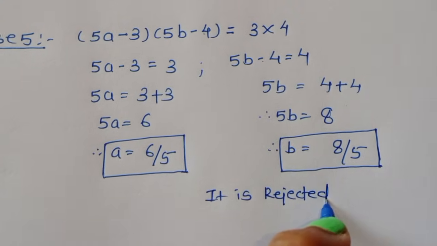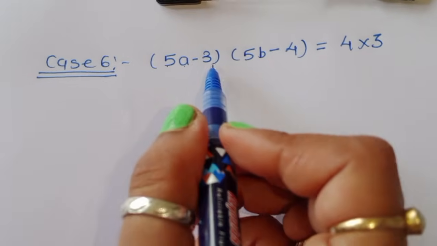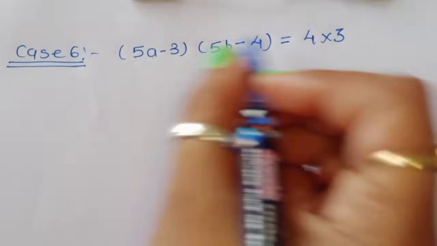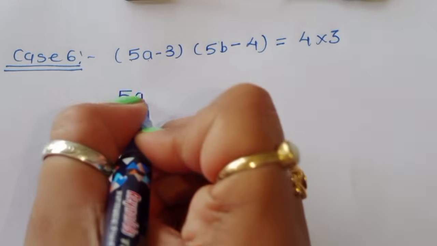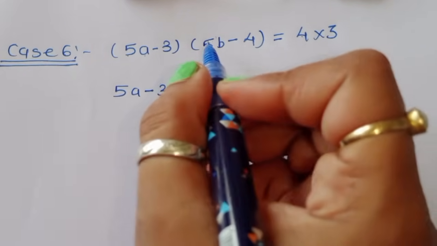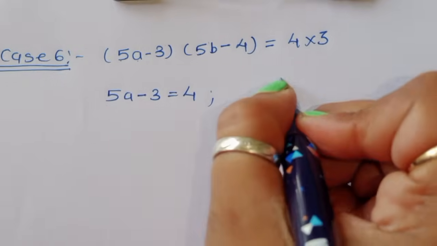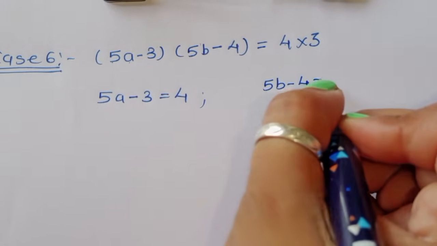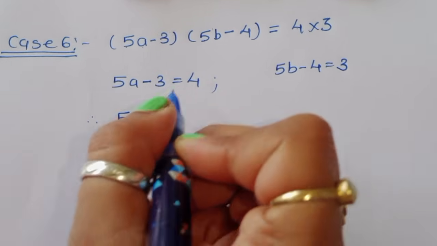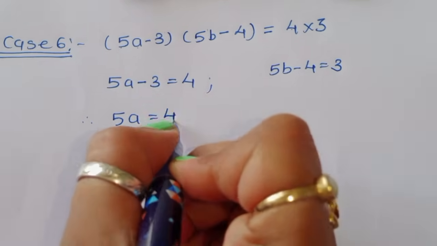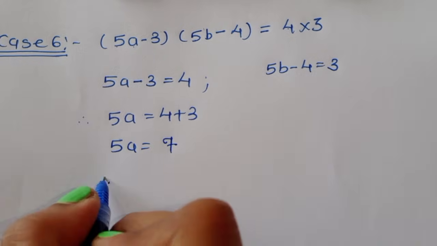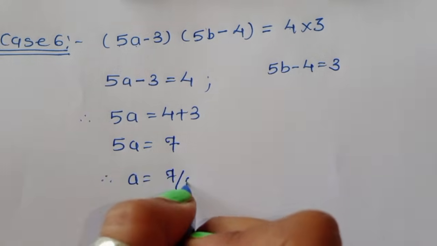Now we are taking case 6. From case 6, (5a minus 3) times (5b minus 4) equal to 4 times 3. 4 3s are 12. So again we are comparing LHS and RHS. We will get 5a minus 3 is equal to 4 as the first equation. Next one is 5b minus 4 equal to 3. Therefore 5a is equal to 4 plus 3, 5a equal to 7. Therefore a equal to 7 upon 5.